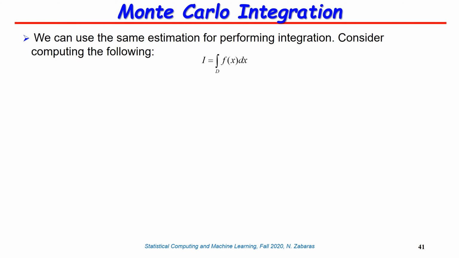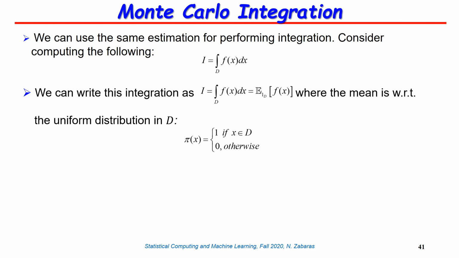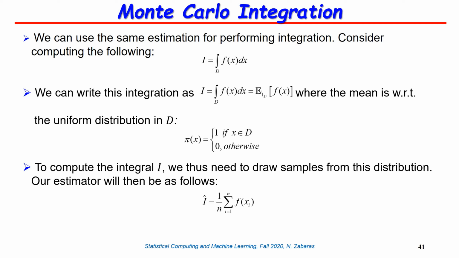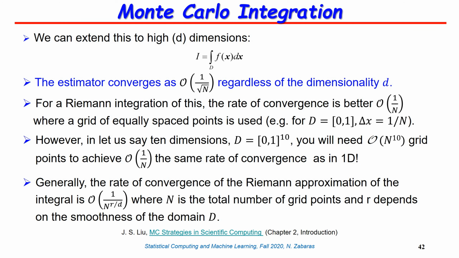Or maybe you say, you know what, it is the expectation under the uniform random variable defined in that domain D. If that is the case, I can sample n times from the uniform distribution, and my estimator is what you see at the bottom. Regardless of the dimensionality of x, the convergence rate for this will be 1 over square root of n. That's the standard deviation of your Monte Carlo estimator for this integral.